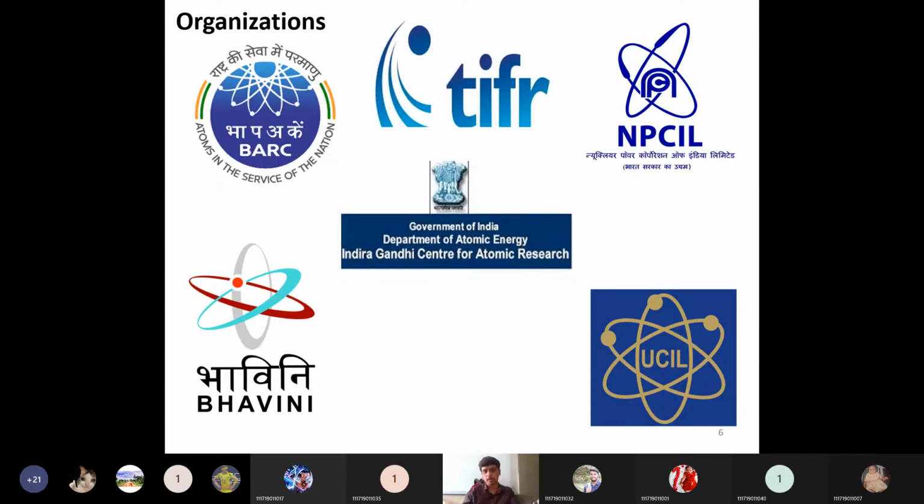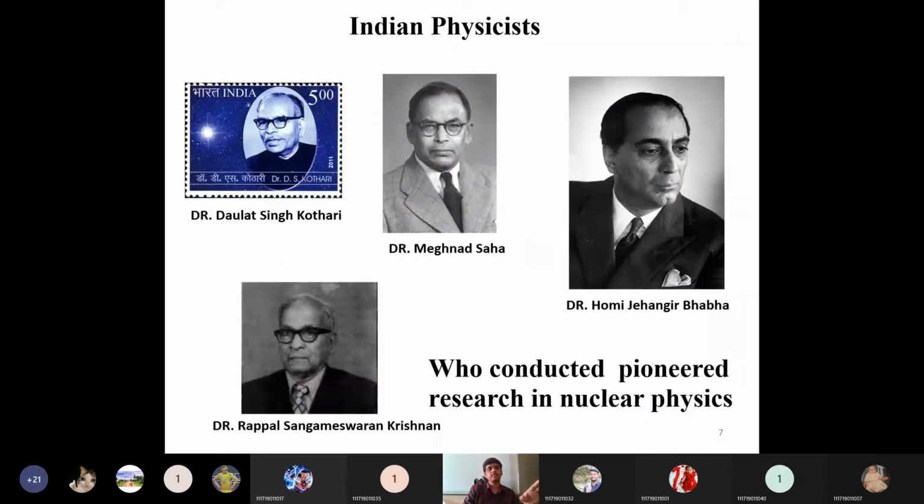All these centres are controlled by the Government of India, Department of Atomic Energy. These organizations are responsible for conducting research on nuclear energy production, and also for the production of nuclear energy in India. They undertake all the R&D activities and production activities.